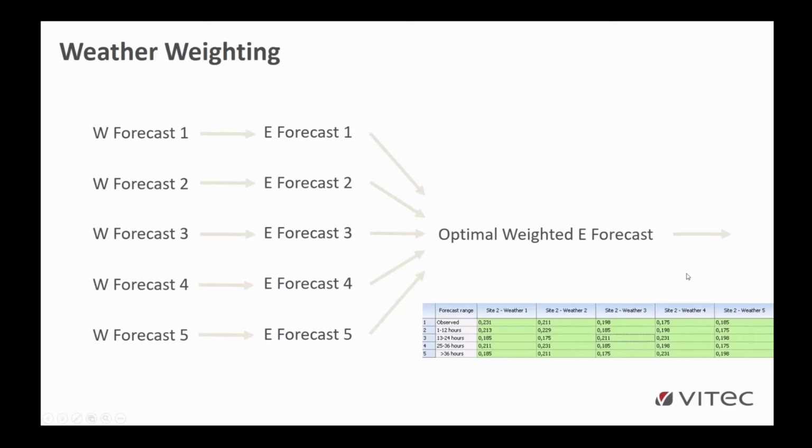And this we can do in several intervals. So we have divided our days up into 12-hour intervals, so that you can utilize, if, say, one weather provider is better for short-term forecasting and another is better for long-term, then you can use more from the one that is better on short-term for the first hours, and then more on the one that is better on long-term on the later hours.